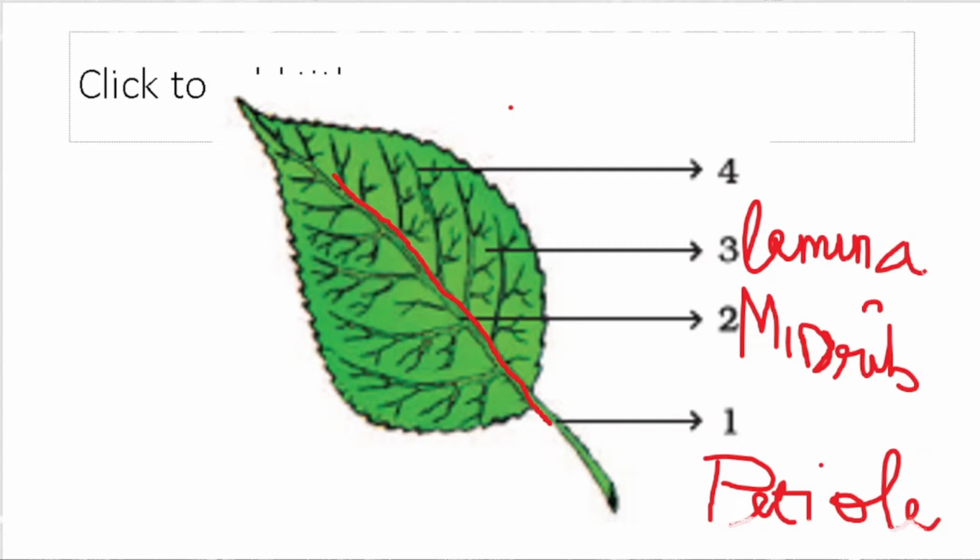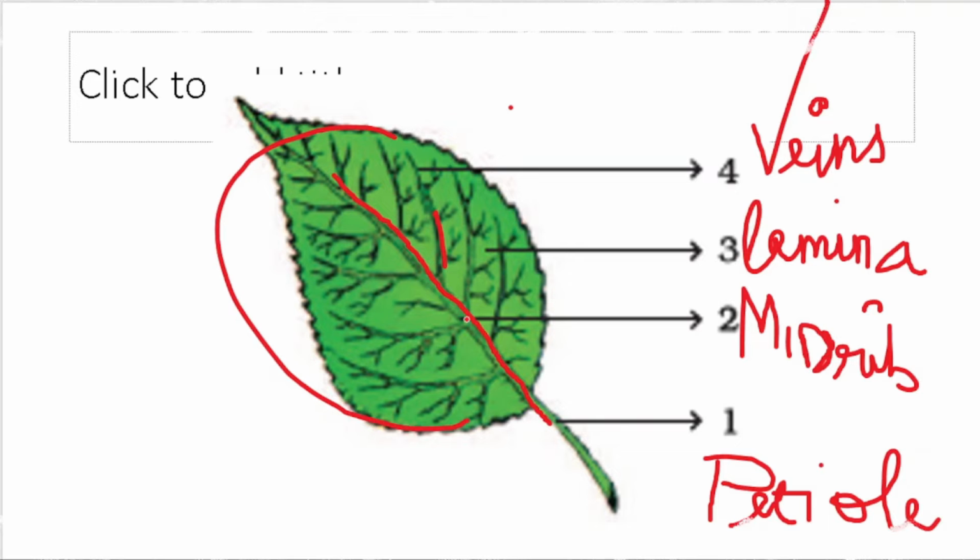Yes. Now the fourth part. You can see the small lines on the lamina. That is called veins. Yes, so we have just done with the structure, the parts of the leaves: the petiole, midrib, lamina, veins, isn't it?